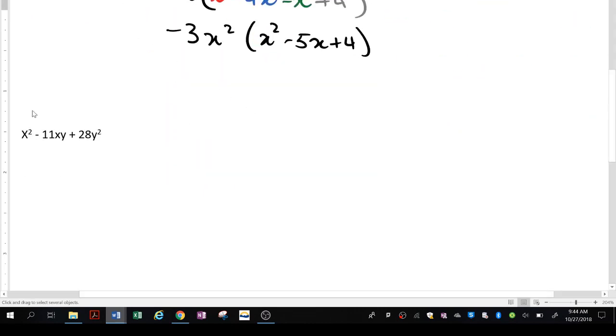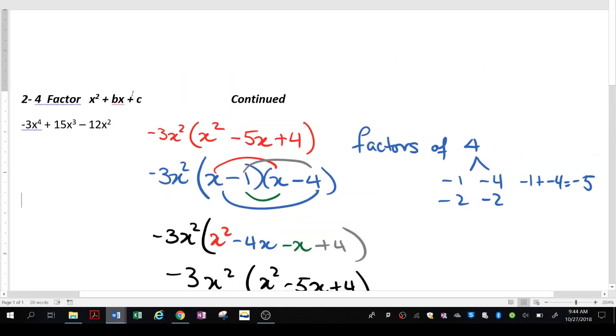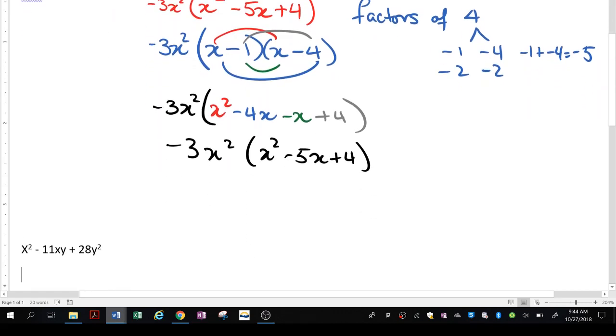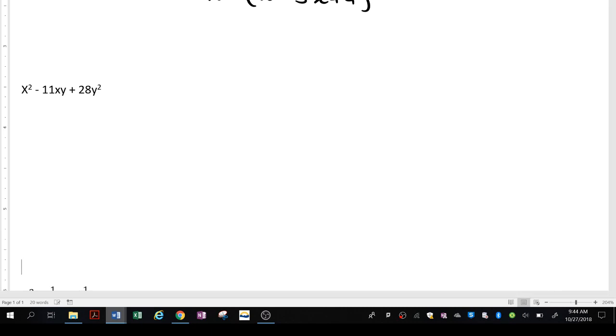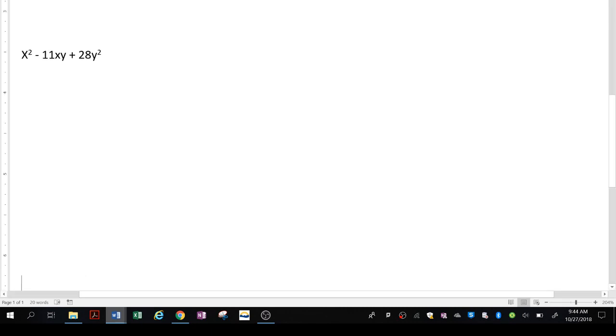Okay, another example here is where, let's go down. In this example, you'll notice that our term for C also has a y variable. So now we want to look at the factors of 28y squared.